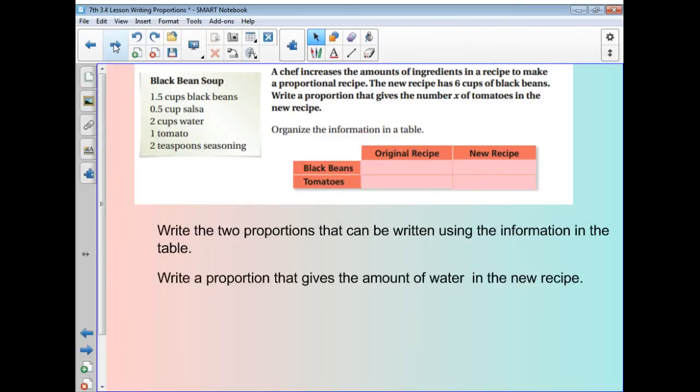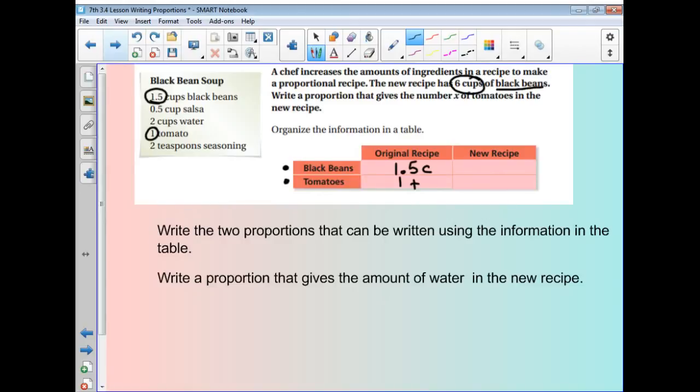We're going to set this up as our original recipe, and we're working with black beans and tomatoes in this scenario. The black beans in the original recipe were 1.5 cups, and we needed 1 tomato. In the new recipe, he wants 6 cups of black beans.